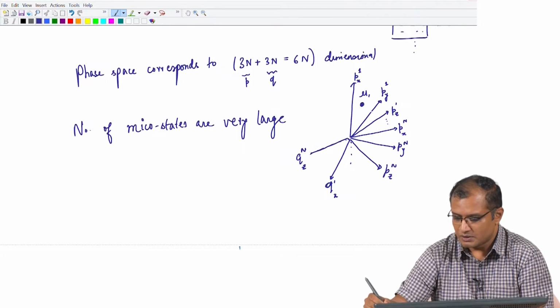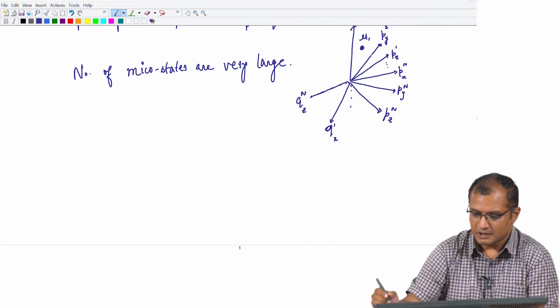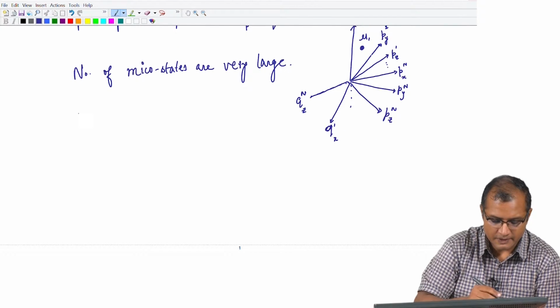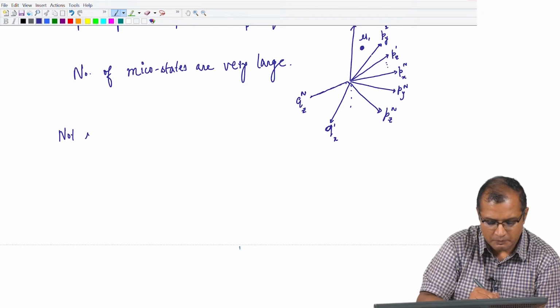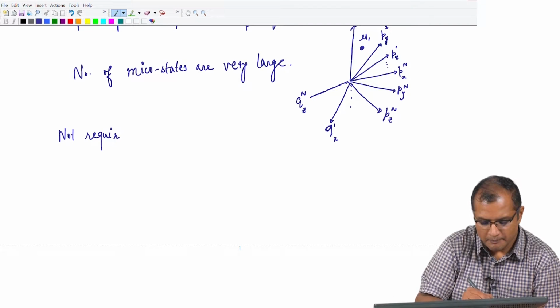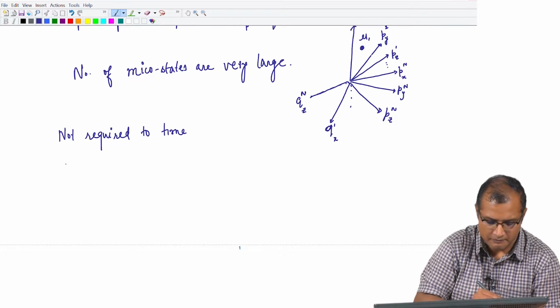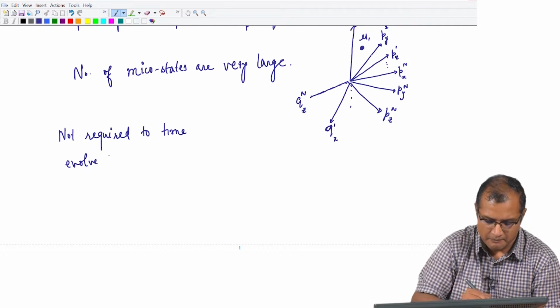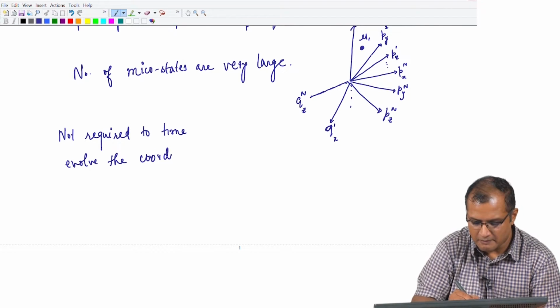So, basically what is being said here is that it is not required to time evolve the coordinates as you would do in classical mechanics.